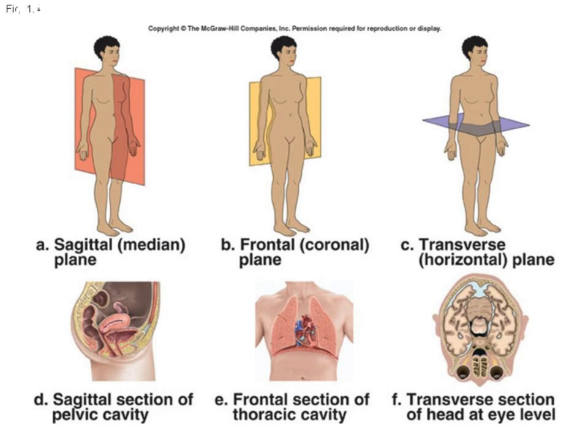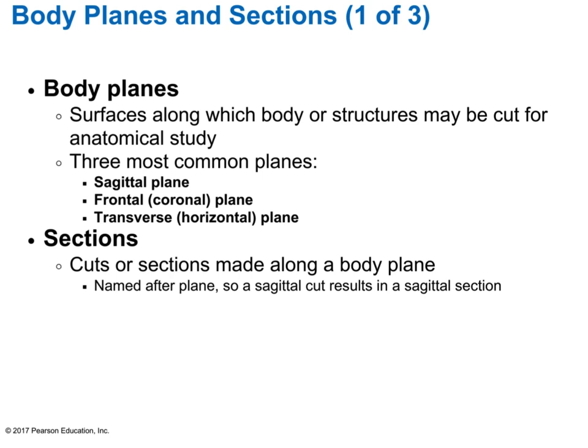Now, what we're seeing here are imaginary planes of section, but they do represent real sectioning that can occur during autopsy or digitally using something like an MRI or CT scan. So body planes go along surfaces, and they're representing areas that might be cut for anatomical study.